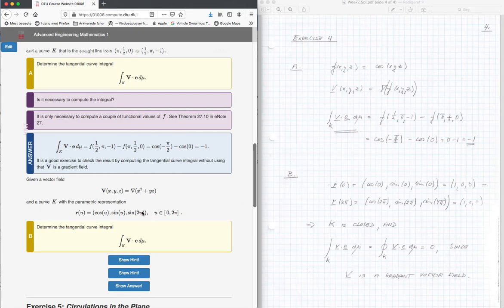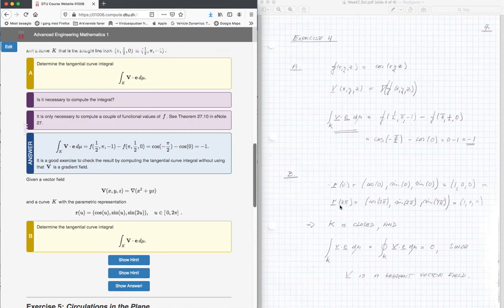In the vector field B, you're given a parametric representation of the curve along which you're supposed to find the tangential curve integral, and when you look at it, you have the endpoints 0 and 2 pi of the curve. If you put in 0 in your parametric representation, you get 1, 0, 0. And when you put in 2 pi, that is the other end, you get this value here, and it's also 1, 0, 0.